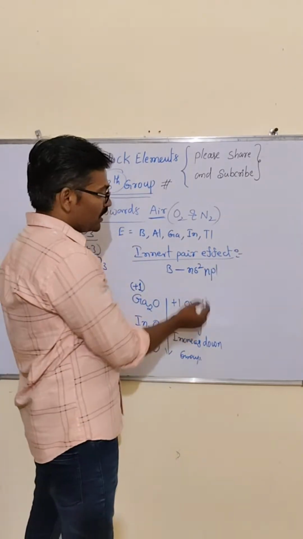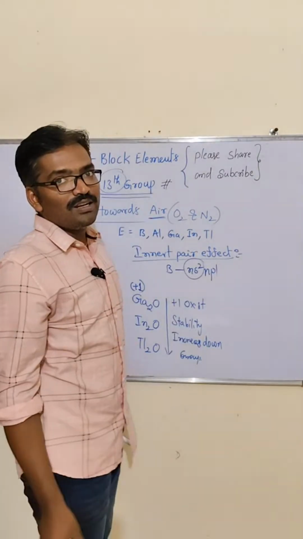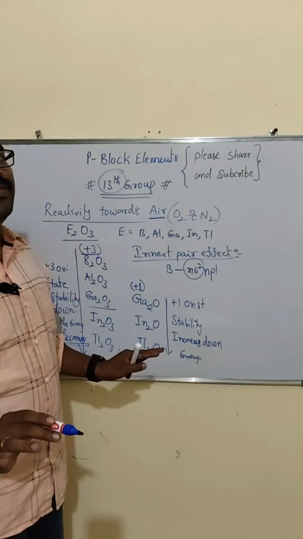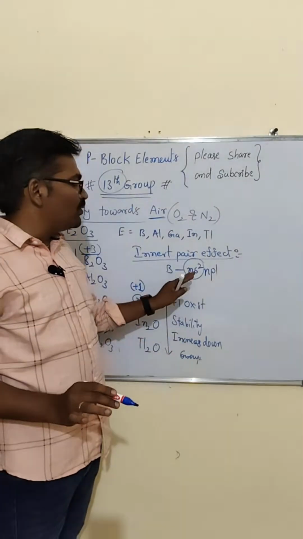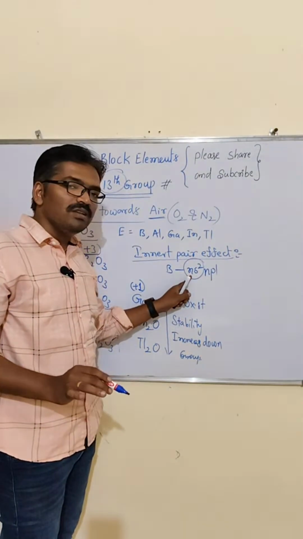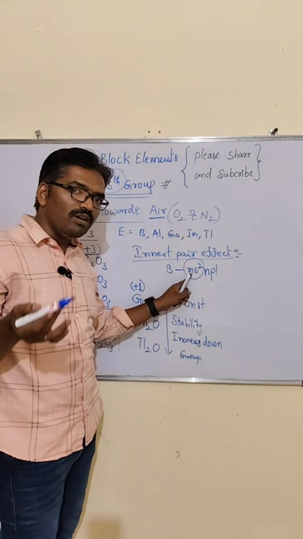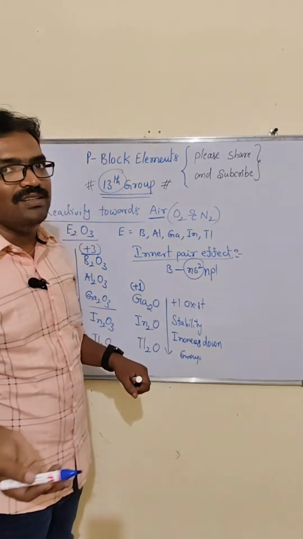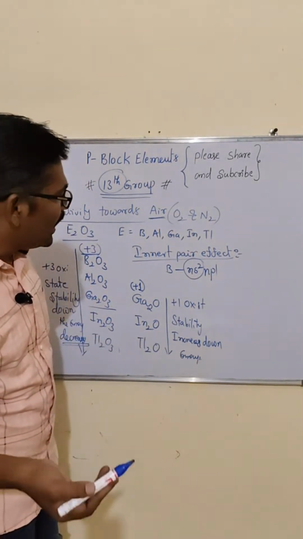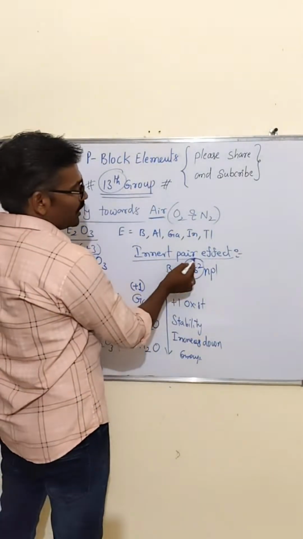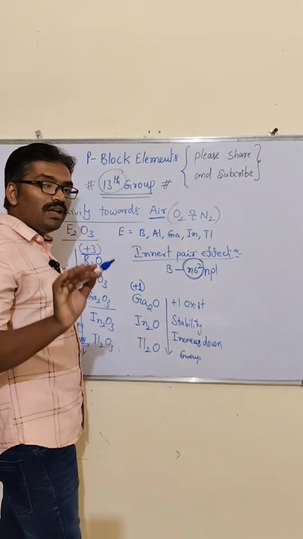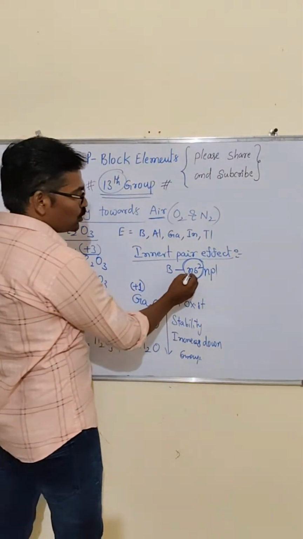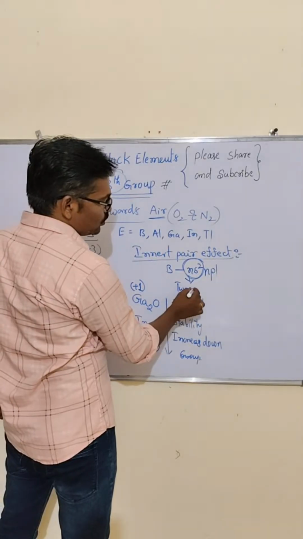The two electrons, the ns2 electrons, are not involved in bond formation when going down the group. In the oxides or halides, these ns2 electrons are not ready to be involved in bond formation.